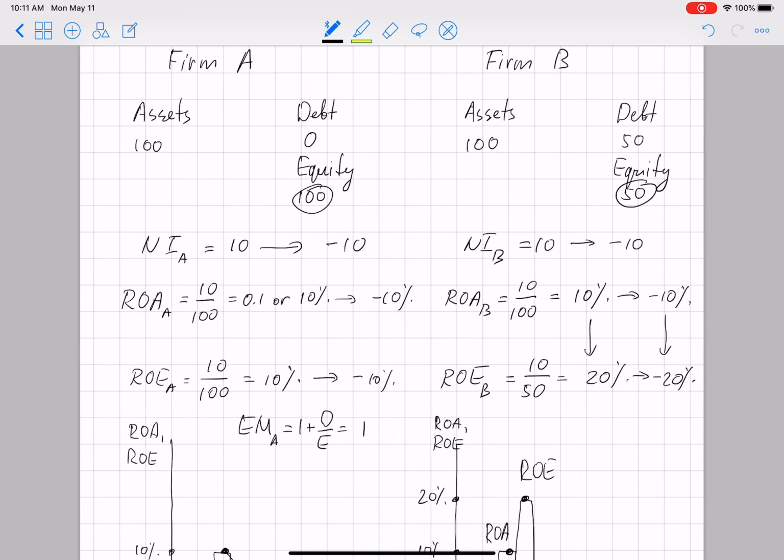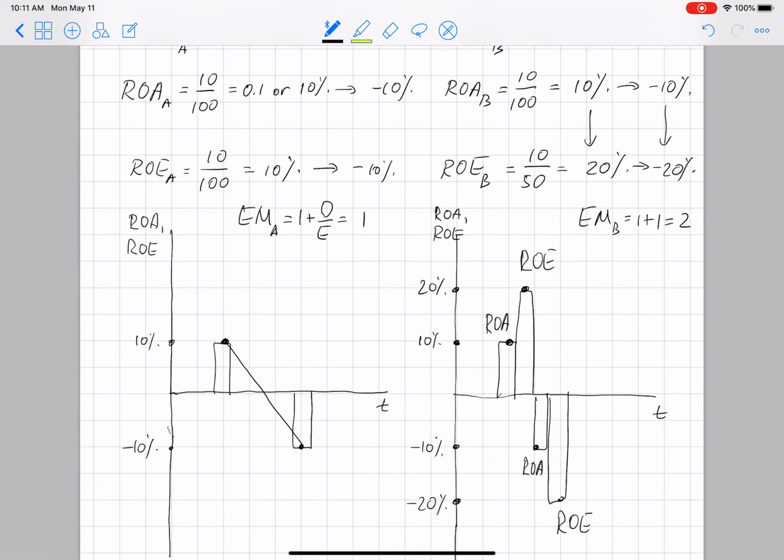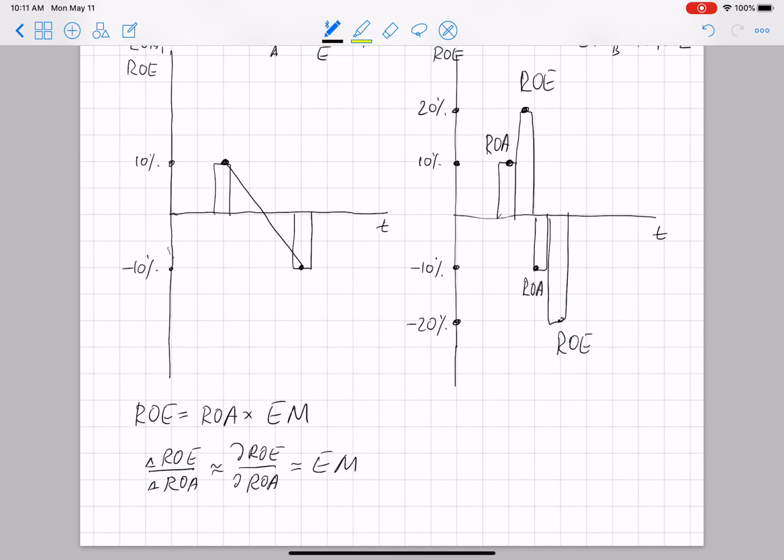However, for firm B, EM is equal to 1 plus 50 over 50, that's 1, which equals 2. So how do we interpret it? Well, for a 1 point change in ROA, you're going to have EM point changes in ROE.